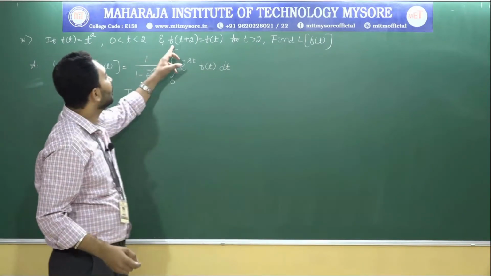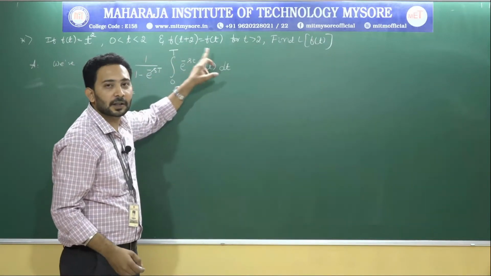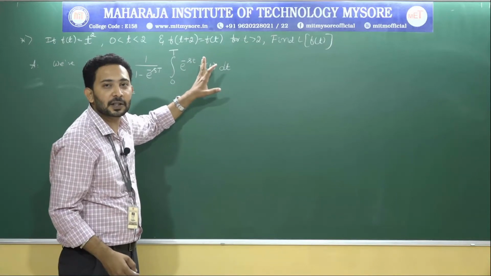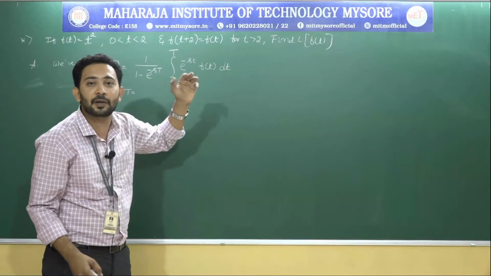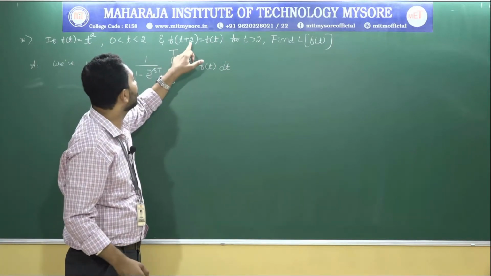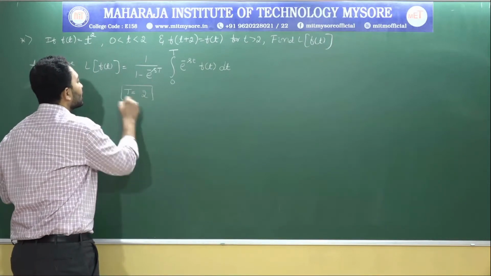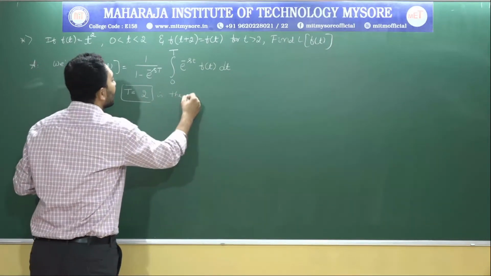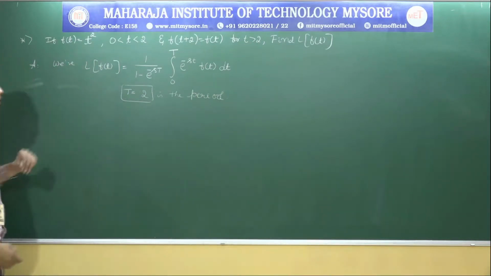See here, we have f of t plus capital T equals f of t. Remember the definition of a periodic function, it is f of t plus nT equals f of t. Then the capital T will be our period. Here in the place of capital T we have 2. Therefore, T equals 2 is the period here. Substitute those values.